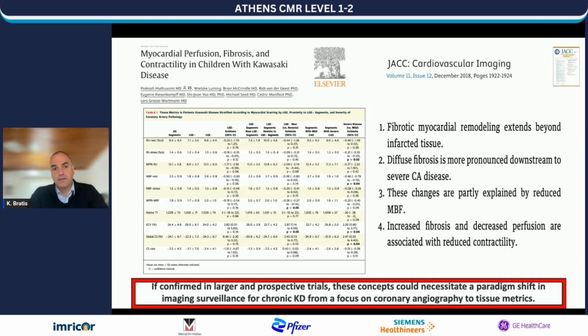The message the authors proposed, and my message from this talk as well, is that when we assess a patient with coronary aneurysmal disease or ectasia, we should always take into consideration the extracoronary aspects of the cardiovascular system, including any functional, even subclinical, and tissue or perfusion abnormalities. Thank you very much for your attention.